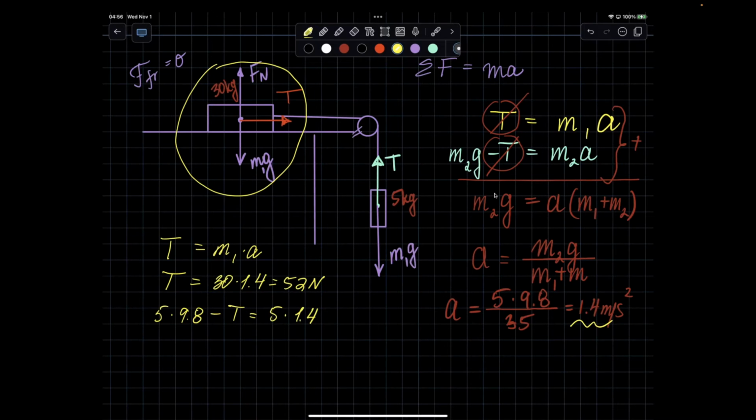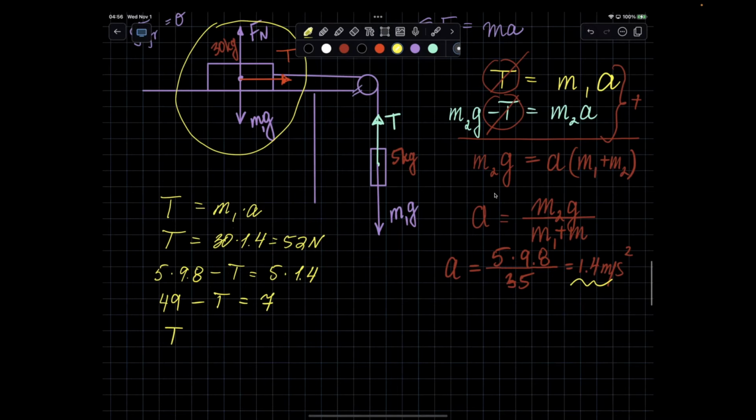They should be equal. So 5 times 9.8 is 49, minus tension equals, this is 7. Therefore, tension is going to be 49 minus 7. Look at that, 42. Why did I write 52 here? This is 42. Boom, boom. 42 newtons and 42 newtons, the same force of tension.